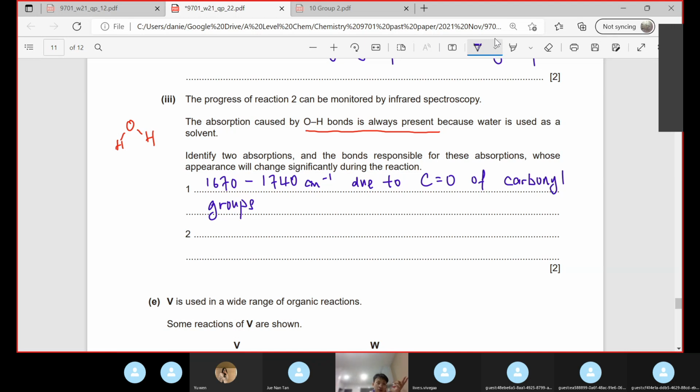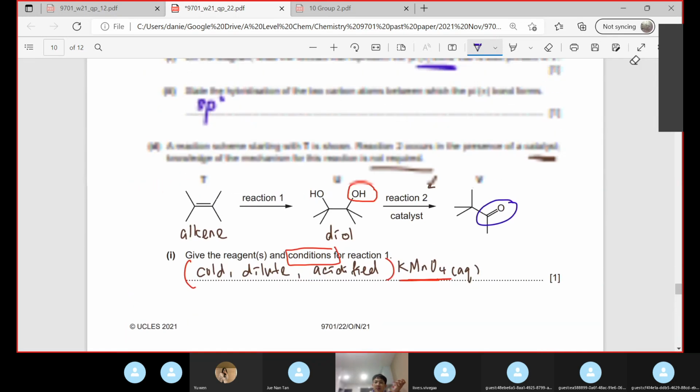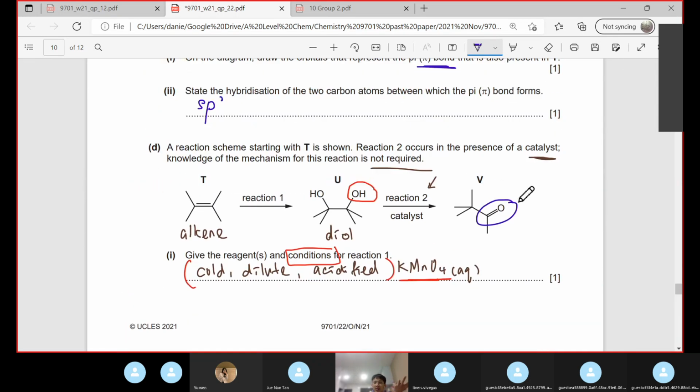Then how about the other one? C=O we already wrote down. Then the other one is the C-O single bond, which I usually don't recommend you write down unless you have no choice. For example, this question.